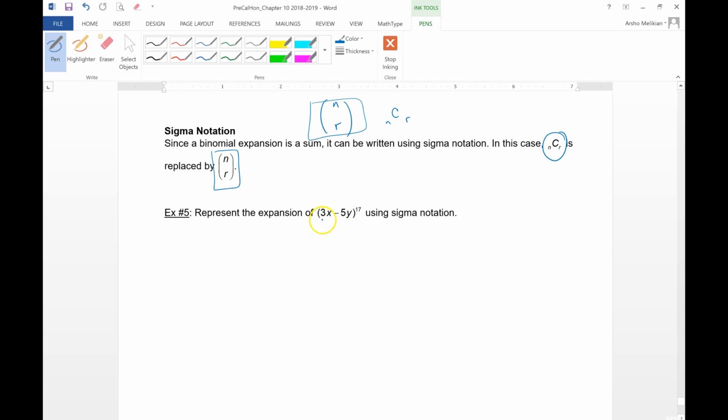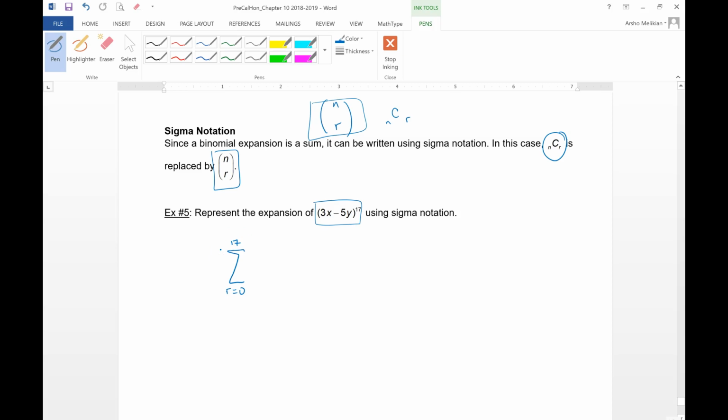So we have to represent this expansion using sigma notation. Another way to say this exact same thing, but in sigma notation. The way it works is this. For sigma notation, you need, you guessed it, a sigma. r, remember r are the terms, and what did we say about r? We said r started at 0, and it goes up to 17.